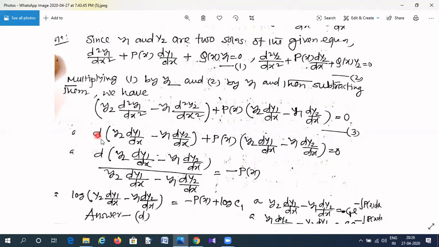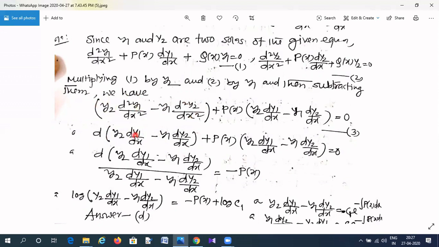If we differentiate this term, taking y2 as constant, we get y2 into d2y1/dx2, and the next term, taking dy1/dx as constant, is dy1/dx dy2/dx. Then minus this term, after differentiating, taking y1 as constant, we get y1 into d2y2/dx2 and minus dy1/dx dy2/dx. The dy1/dx dy2/dx terms cancel, because one is plus and the other is minus, and the remaining term is what we have.